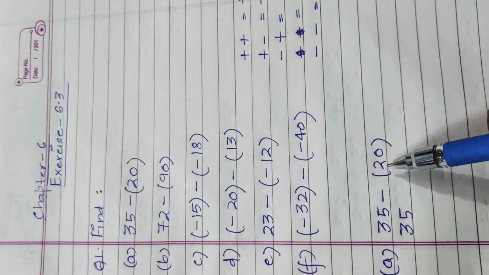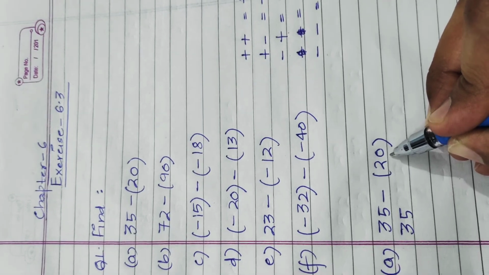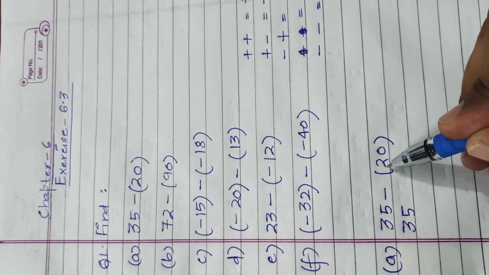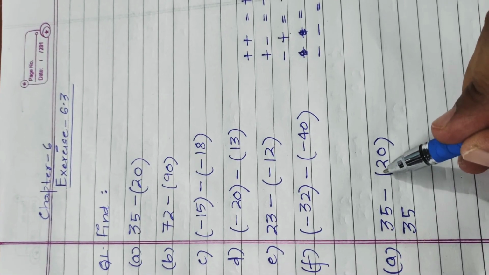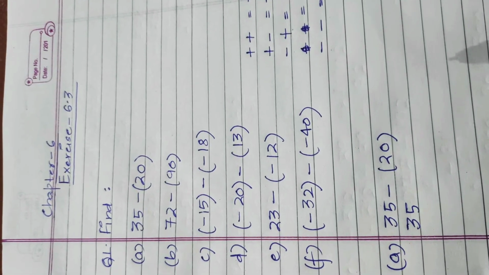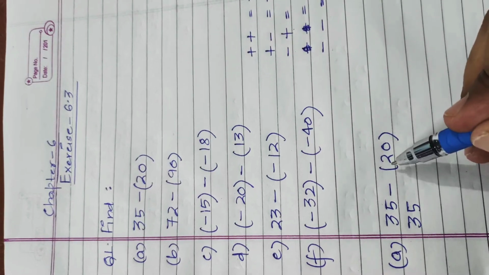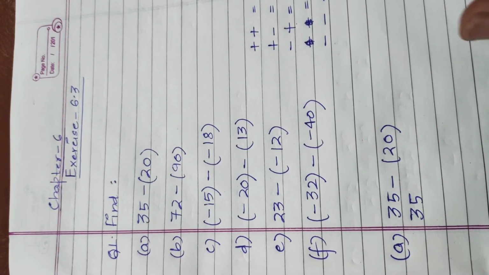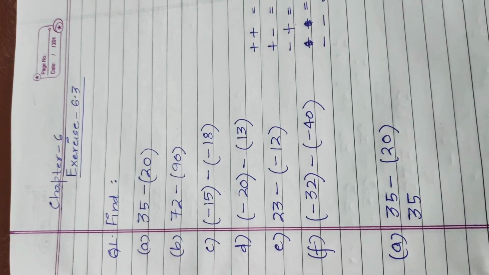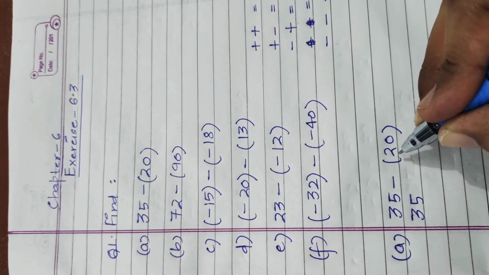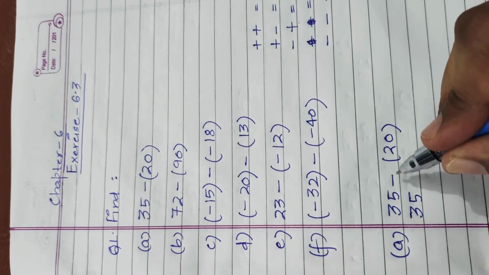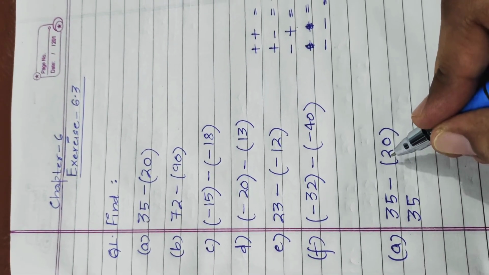For copying the next integer, you can see that the integer 20 is written in bracket. We are not able to see any sign with it. It means there is a plus sign with it. Whenever we are not able to see any sign with any integer, we should understand that there is a plus sign. Now we are going to use our rule, minus plus is equals to minus.